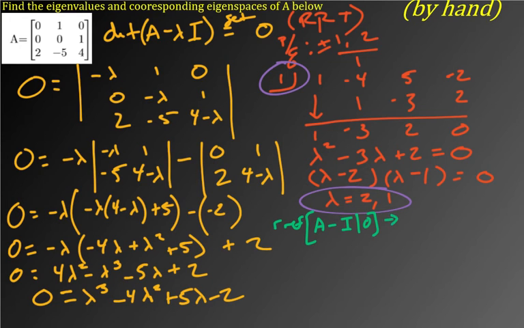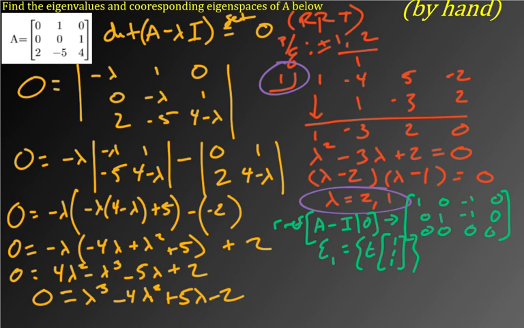And in that case, you get this matrix. And then from this one, you can see x3 can be taken as a free variable. And you would get that the eigenspace for 1 would be just the span of t times 1, 1, 1.